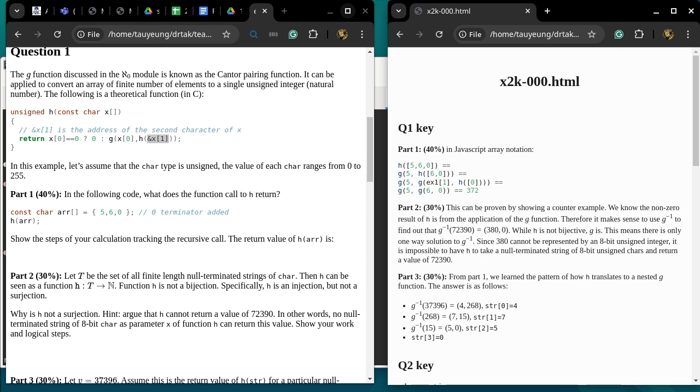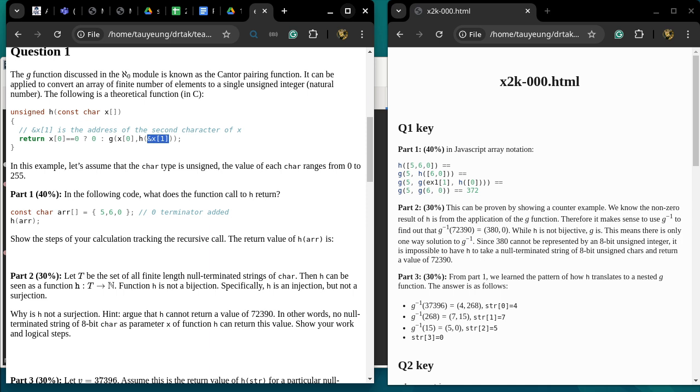How was it? Were you guys able to figure out how to track down the recursive call? Okay, some people nod. So how did you do it? For the people who figured it out, how did you figure out how to follow the recursive call?